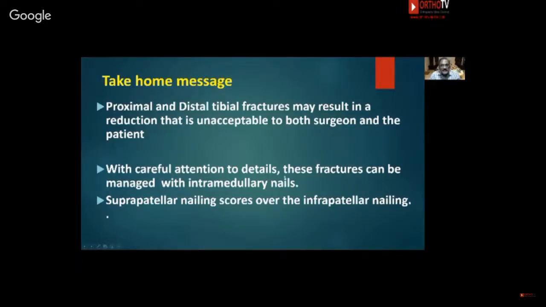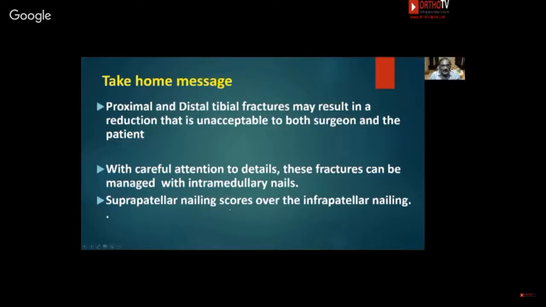With careful attention to detail, this fracture can be managed with the intramedullary nail and mostly by closed method, whereas plating is an open method in an already soft tissue compromised patient. Mostly the chances of wound infection are more, and it is described at about 32% in recent literature.